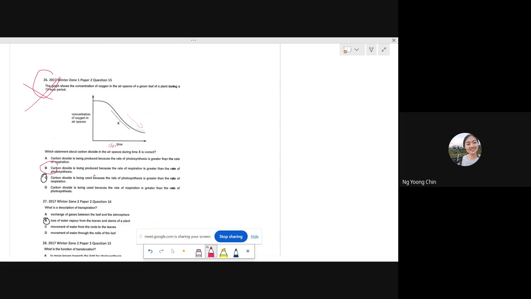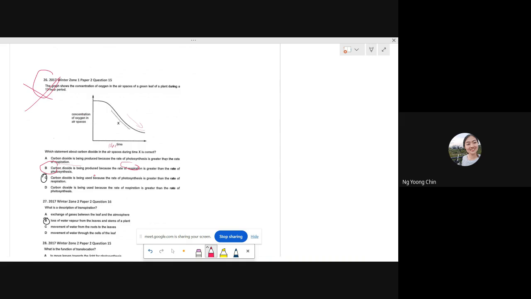So during respiration, they are producing much more carbon dioxide than in photosynthesis. So respiration absorbs and uses up the oxygen, and then releases the carbon dioxide. For photosynthesis, they use up the carbon dioxide and then release the oxygen.